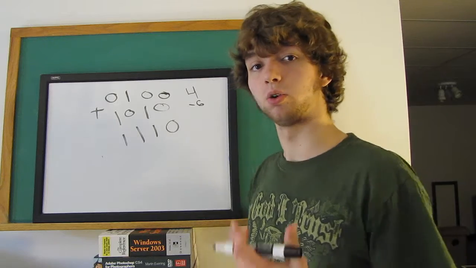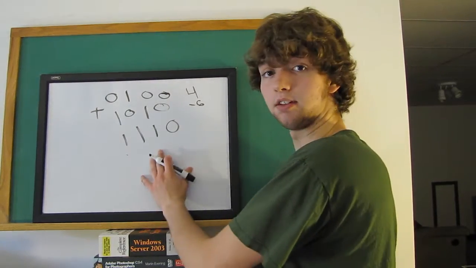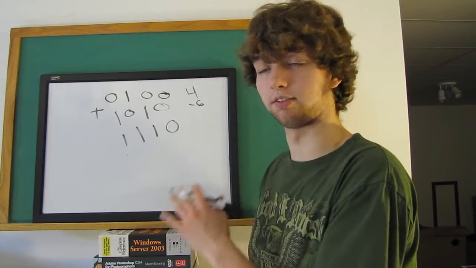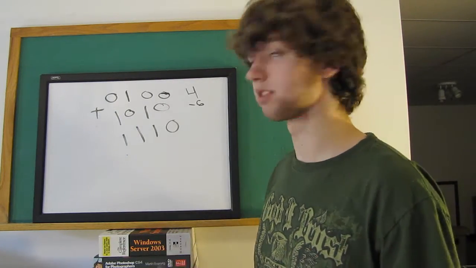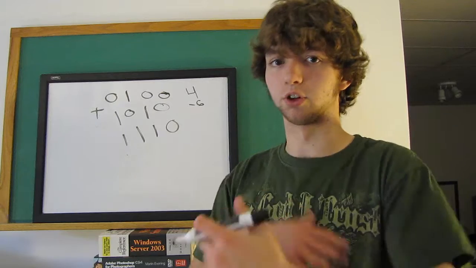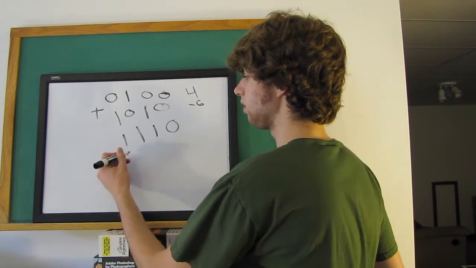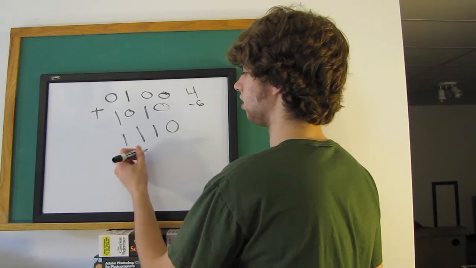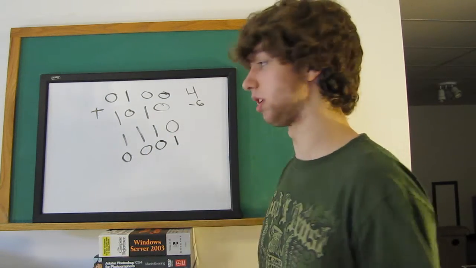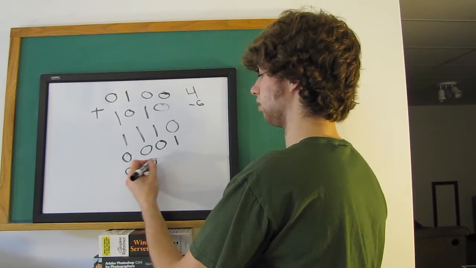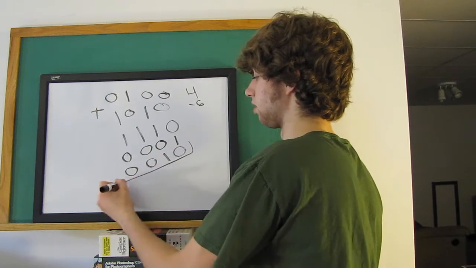Alright, so now we have a 2's complement, negative representation of a value. So now we have to figure out what this value represents. So we convert it the other way around. So we flip all of these, we get 0, 0, 0, 1, and we add 1. 0, 0, 1, 0 is the final result.